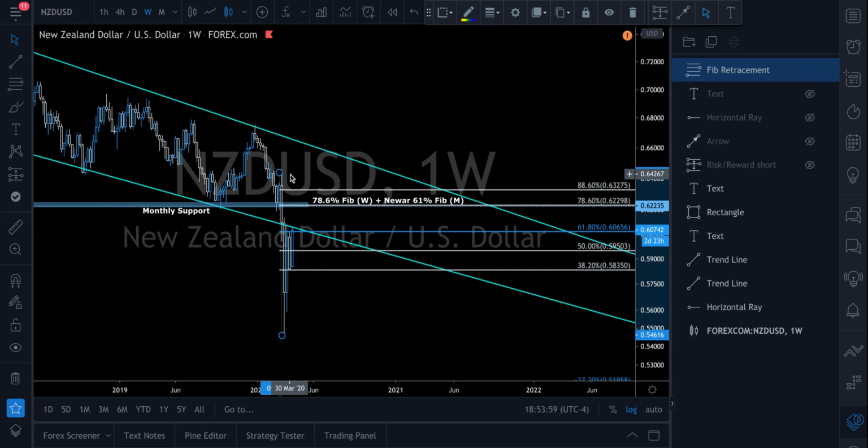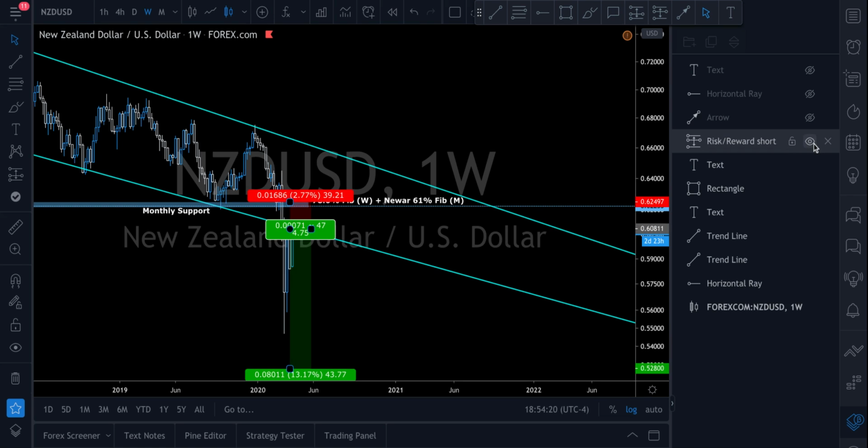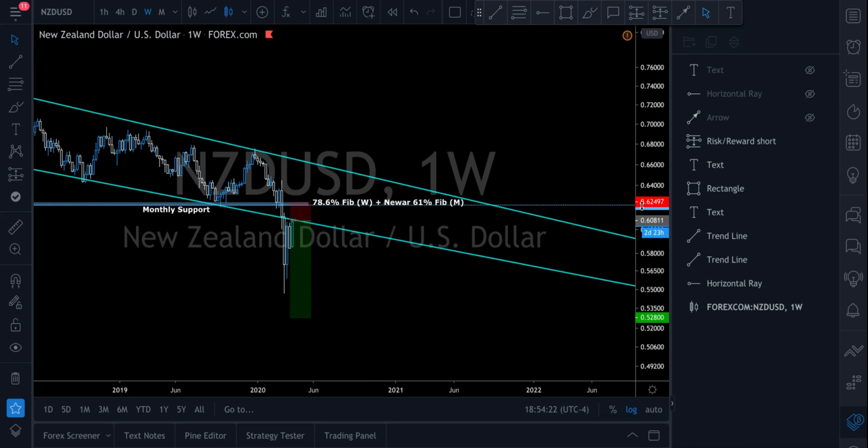So we do have more confluence in this as well. We have it trading and closing multiple times below this descending trend line in the weekly time frame, corresponding with our monthly and weekly fibs. And those are significant fib levels as well. So it's a good retracement that we're experiencing.